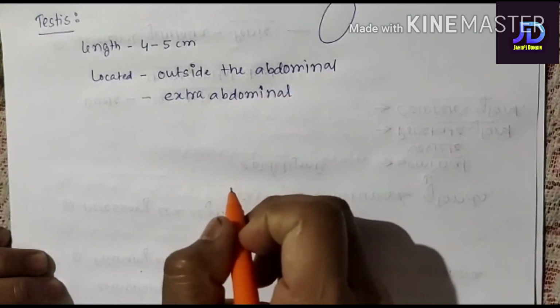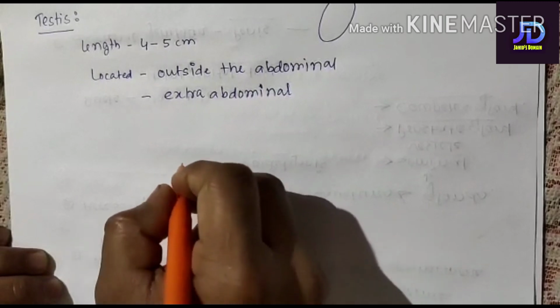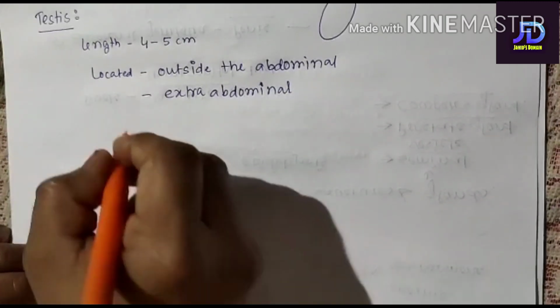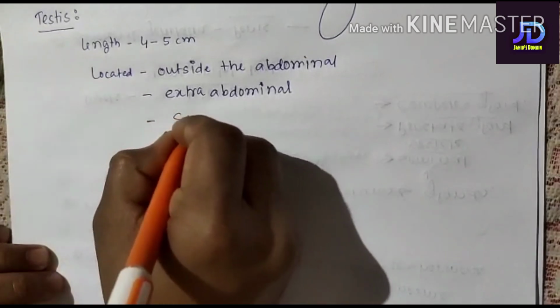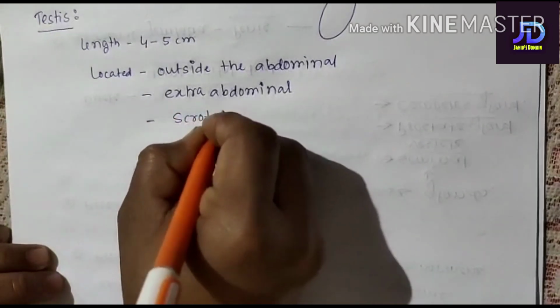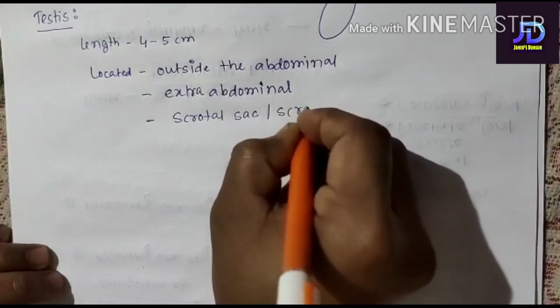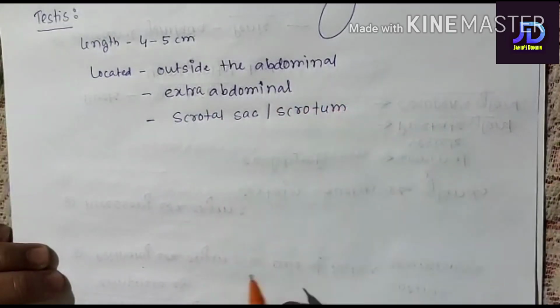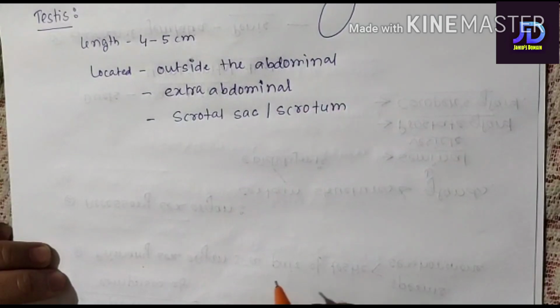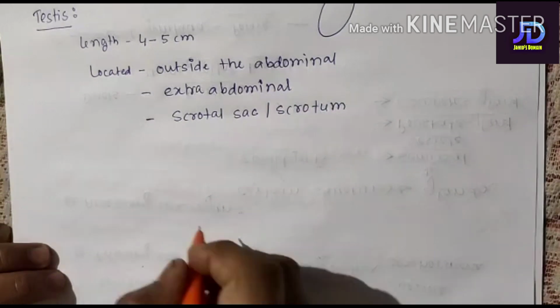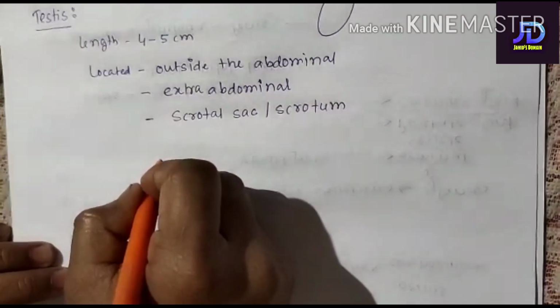The testes are located in sac-like structures called the scrotum or scrotal sac. These are small sac-like structures. Now, these things will be clear when we draw it. Let's draw it.